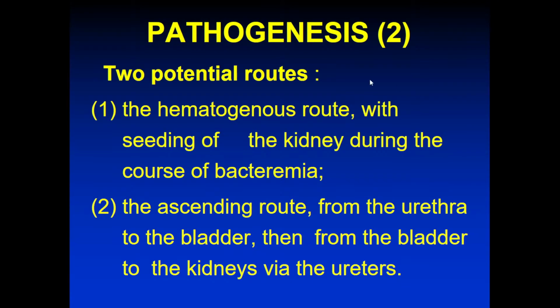And we consider two potential routes: the hematogenous route with the seeding of the kidney during the course of bacteremia, and the ascending route from the urethra to the bladder, then from the bladder to the kidneys via the ureters.